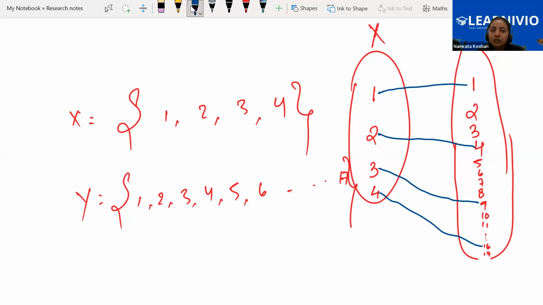If we have to write by using the mapping diagram, just by looking at the mapping diagram, if we have to define the relation in set builder form, can you tell me what shall we write? See the pattern, how the numbers are going, and tell me the relation.